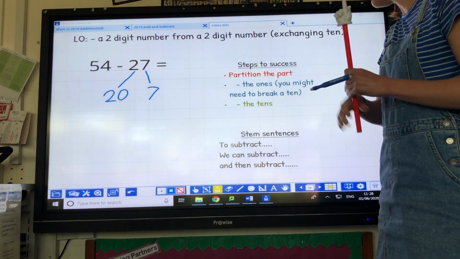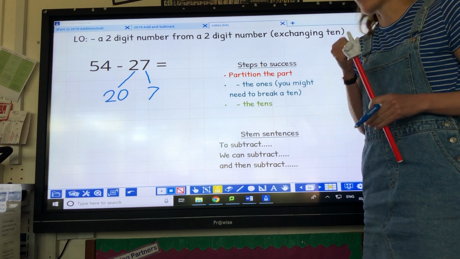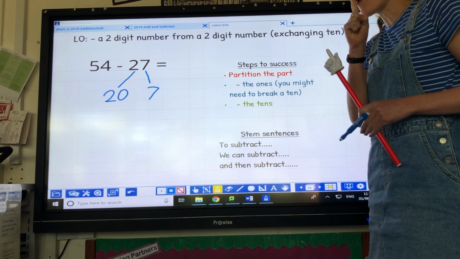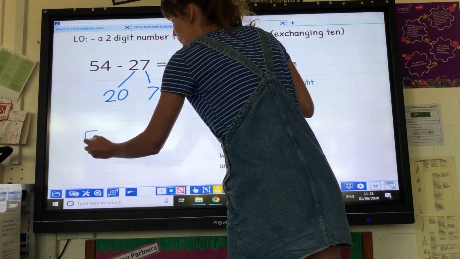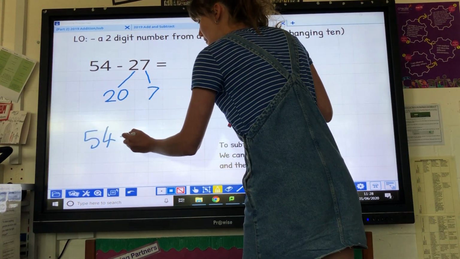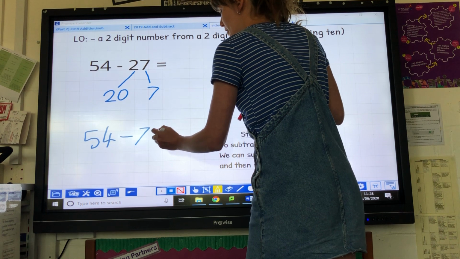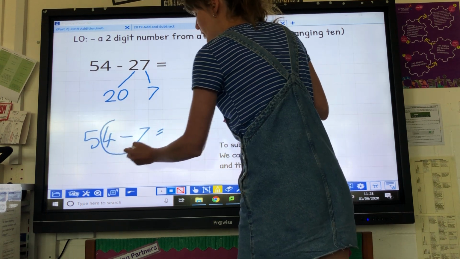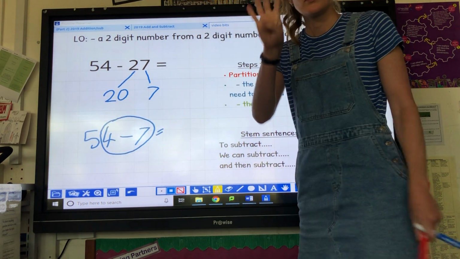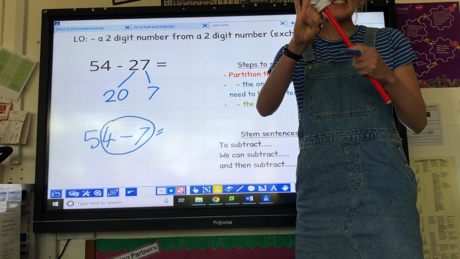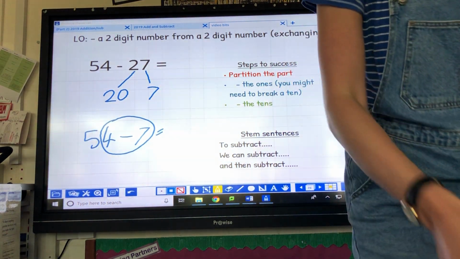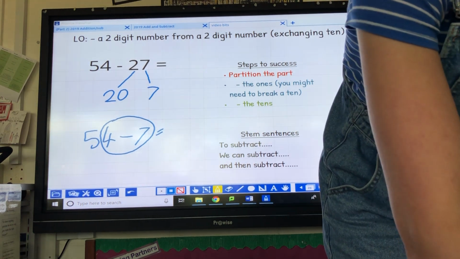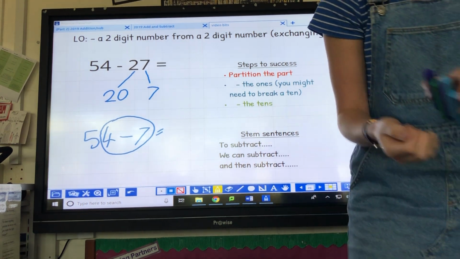So we start with the ones when we're subtracting, but you might need to break a ten, because can we do, so we've got 54, the whole, take away 7, okay? Can we do 4 take away 7? Can we take away 7 from the 4? No, we can't, okay? I'm going to show you with tens and ones, because this is how we did it in class.